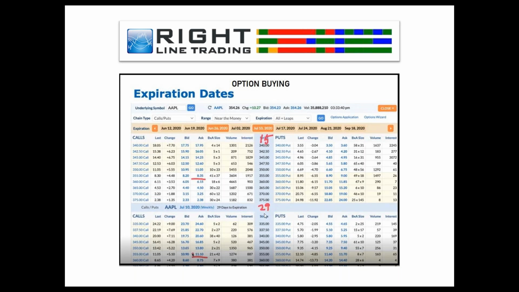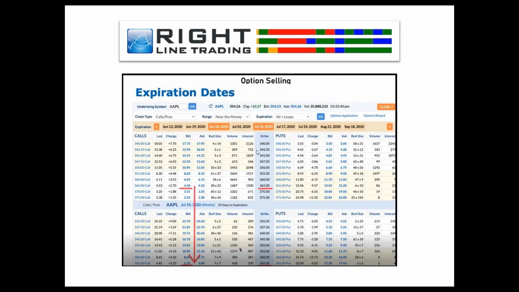And remember again, just because this has 29 days to expiration does not mean we're going to hold it 29 days. We may wind up only holding it a week. So all we want to do is create an options configuration that gives us the best chance of getting a winner. And the option with greater time premium is going to put that in our favor.